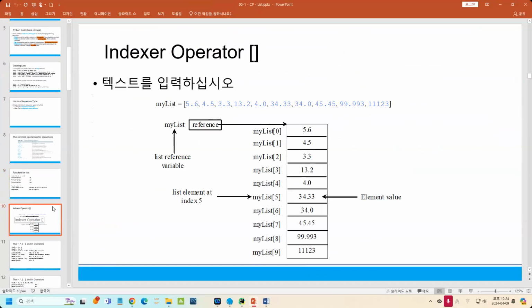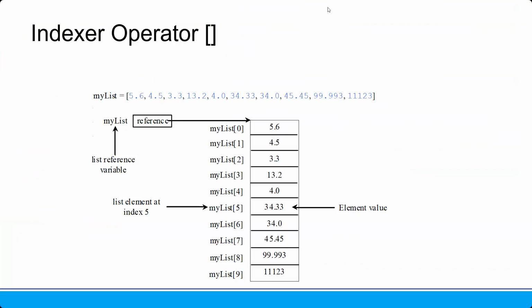In the list, we can define the position. For example, I have this number. Then 5.6 is the element in index 0.